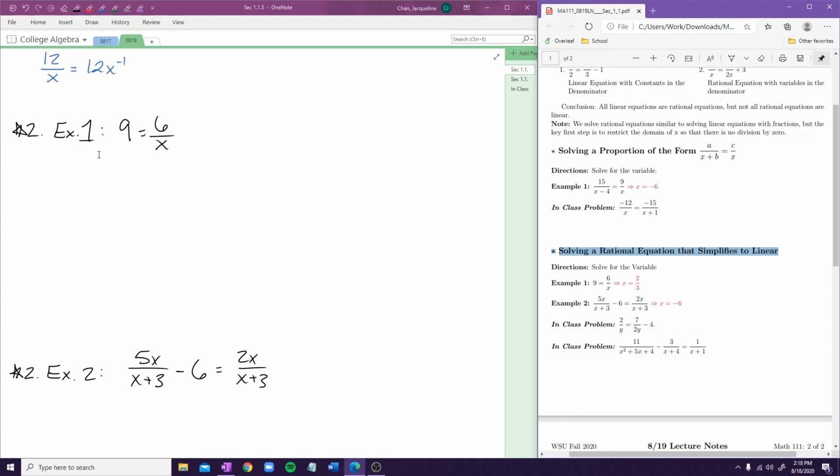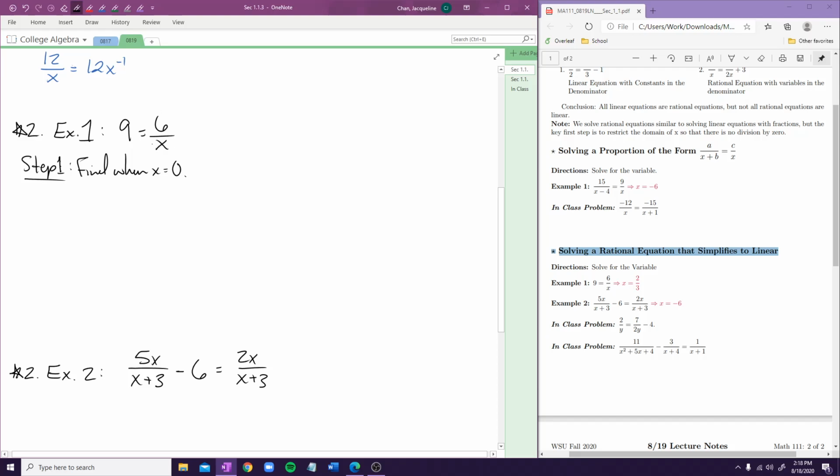So for the first example, I have 9 is equal to 6 over x. First, this would be the new step 1. Step 1: find what values are restricted.